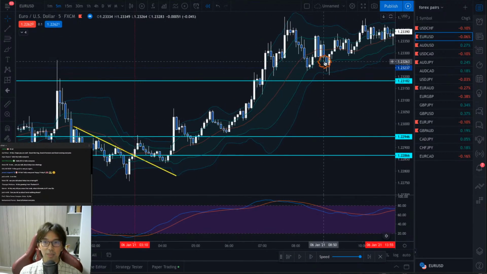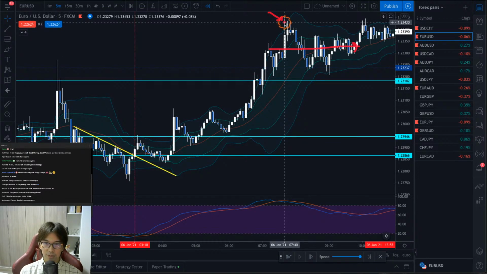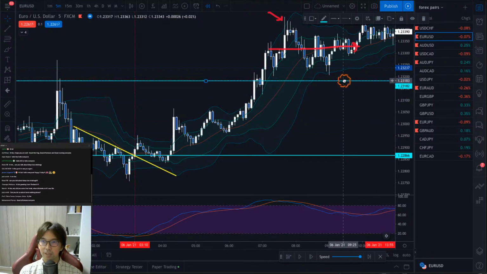And I kept holding this buy, and afterwards the market became a range market. After exactly this candlestick over here, the market started to be in the range, and that's when I moved the stop exactly to this 1.23818 level, exactly over here.